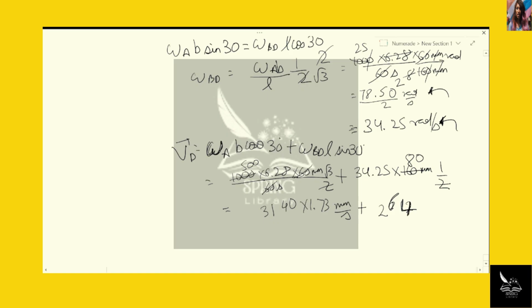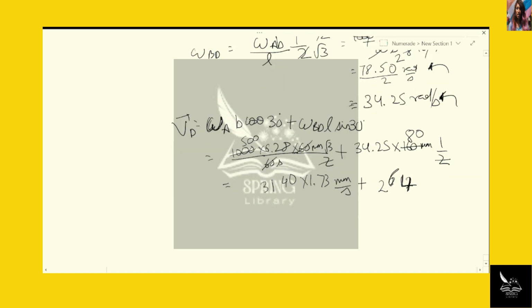Yeah, that makes sense. So this much plus this much, also millimeters per second, because this was radians per second. So this number is finally 3140 times 1.73.